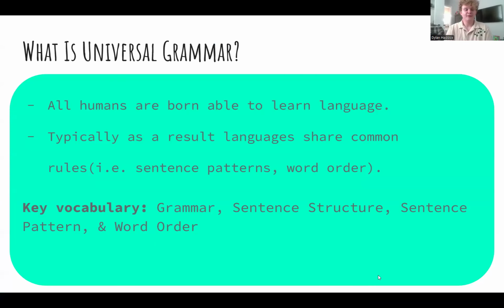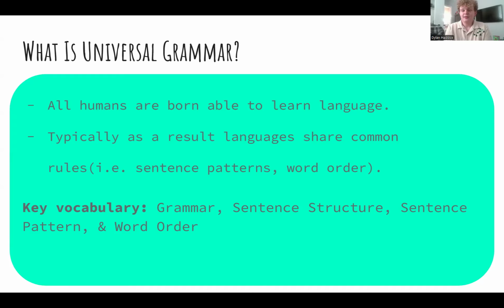All right. What is universal grammar? So universal grammar is the idea that all humans, when they're born, have the ability to learn language. It's something that people are innately good at, especially when you are that plastic, when you are that young and impressionable. This is what typically makes languages share common rules.